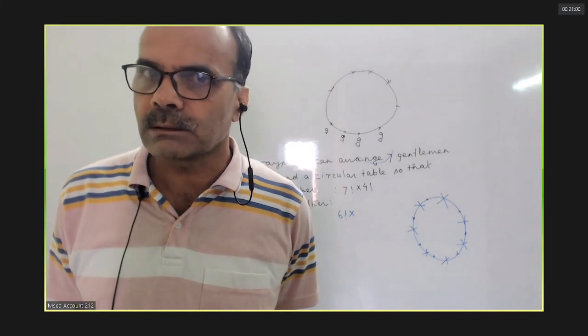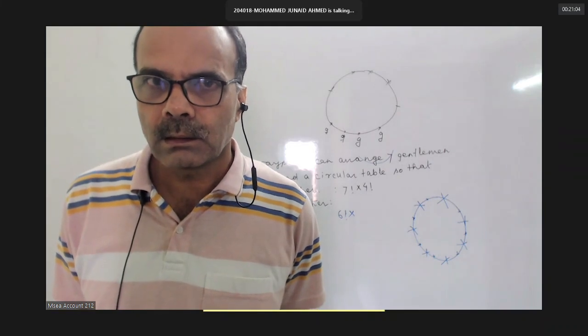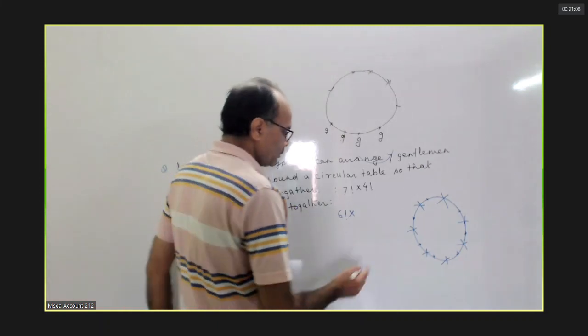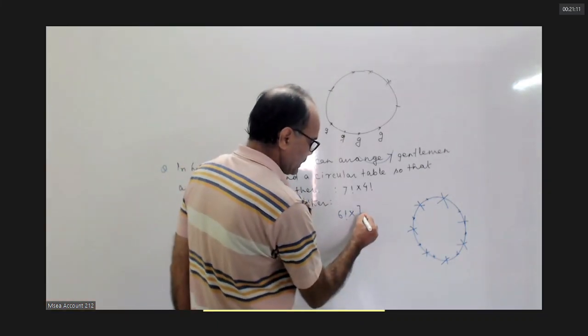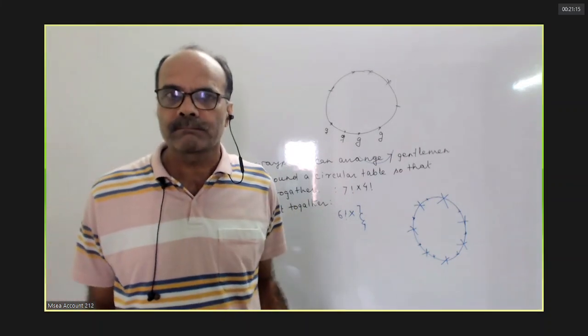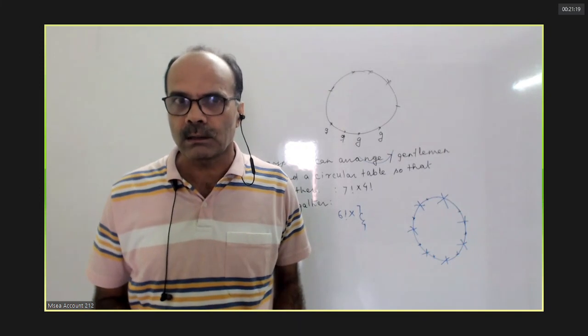For 4 girls, how many places do we have? 7. But at a time we need only 4. Select any 4. Now in these 4 places, in how many ways can we arrange the girls? 4 factorial.